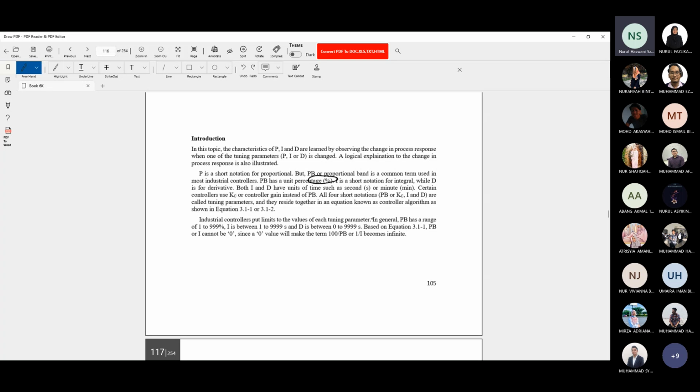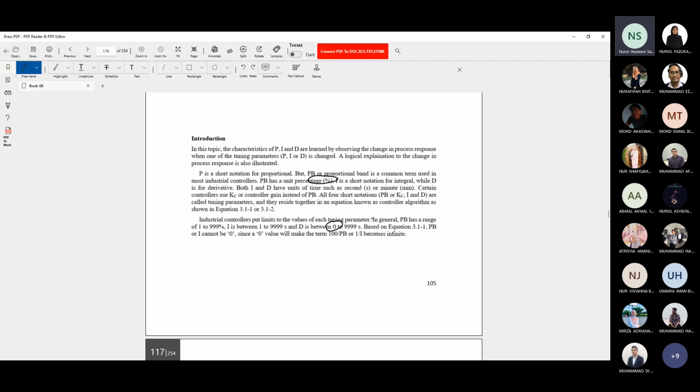And for the I and D, we can use time units, which is second or minute. For the PB, the range is between 1 to 999%, and I is between 1 to 9,999. Same goes to D, but D starts from 0.